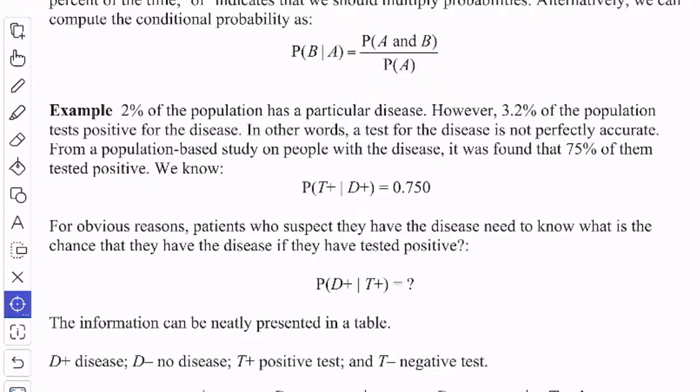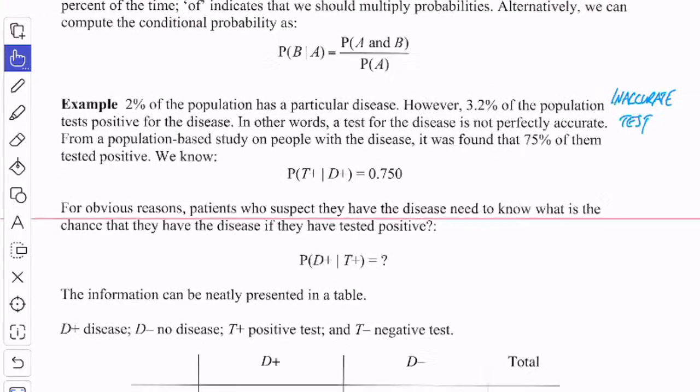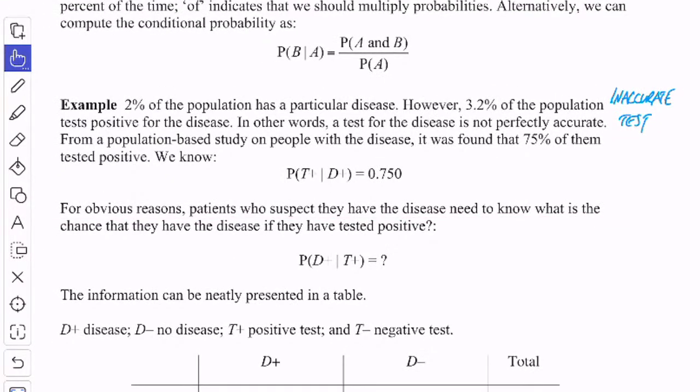It tells you that the diagnostic test for the disease is inaccurate. In other words, a test for the disease is not perfectly accurate.